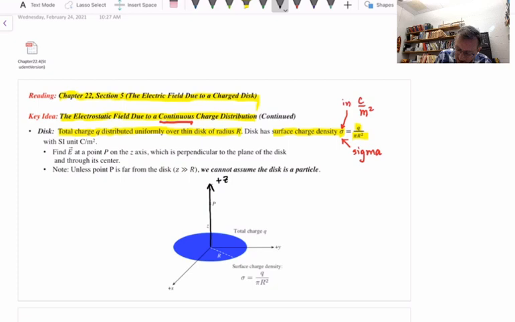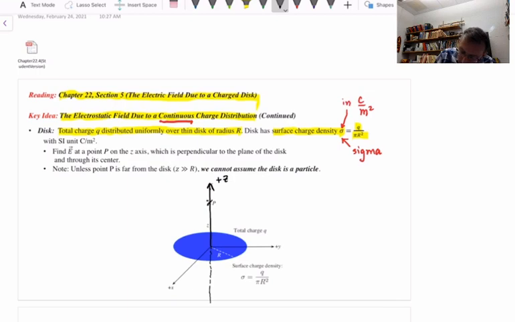So the negative z-axis, by the way, would go down below the disk. And then we have picked an arbitrary point P on the z-axis that is a distance z from the origin. And we want to find the electric field E at that point, P. What is E vector at that point, P?